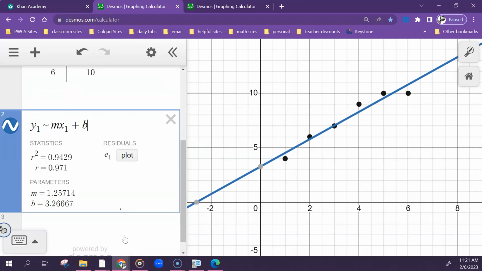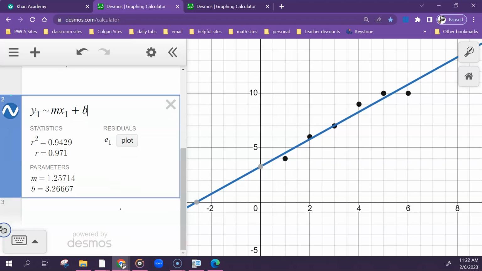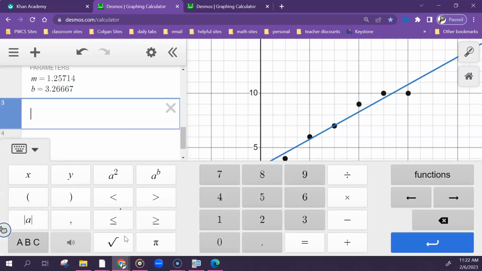But on Desmos and on your calculator, you're going to get decimals, whereas the answers have fractions. So we're going to have to see which one of these slopes is closest to 1.25. Notice that all the y-intercepts are the same, but it's close to 3. It's just not exact. That's okay. So 4 over 5 and 5 over 4. Let's see what both of those are.